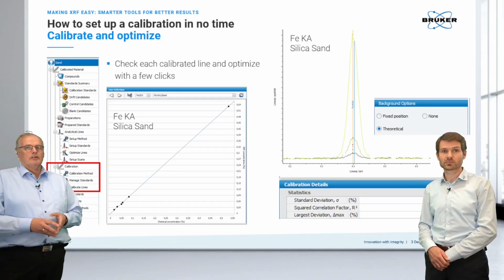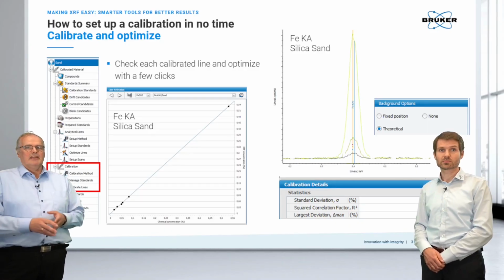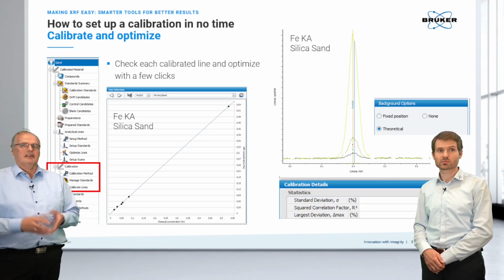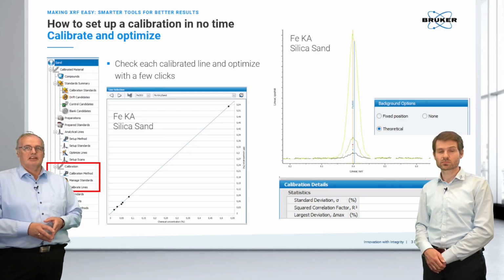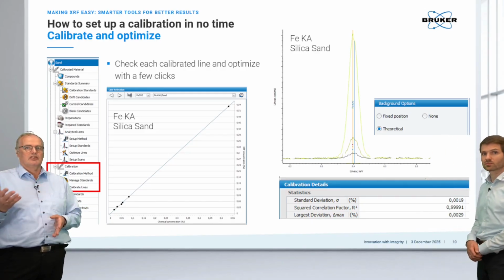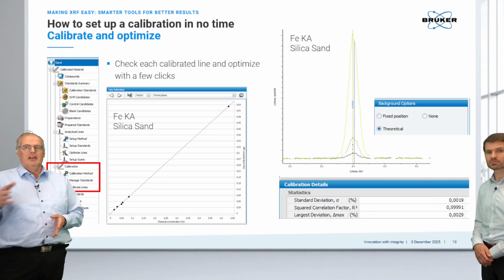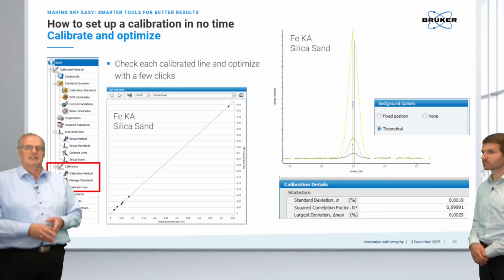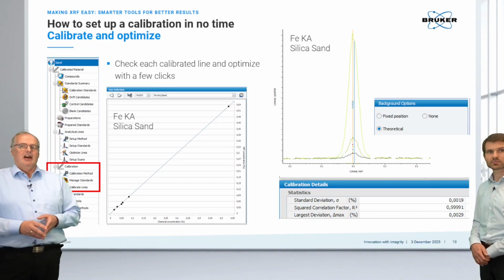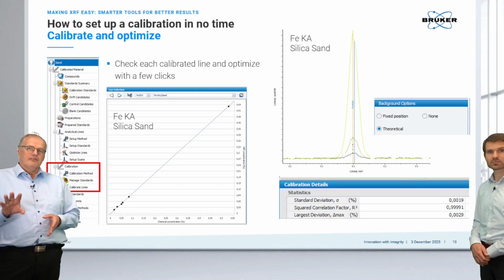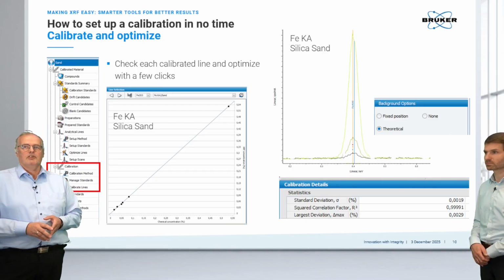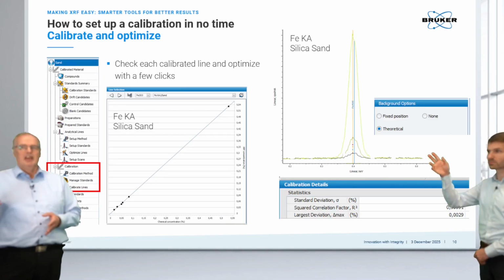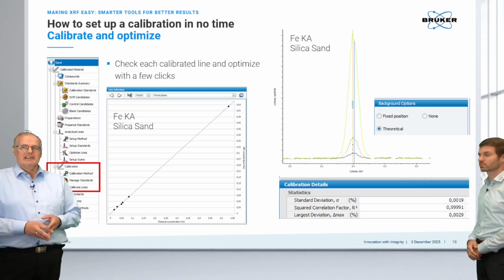Then we have the data available, and on the one hand we see the calibration curve, so you can check the calibration curve one element after the other. Here we show iron in silica sand. It is always good in our software that we show at the same time the setup scans, so you see immediately what the impact is.